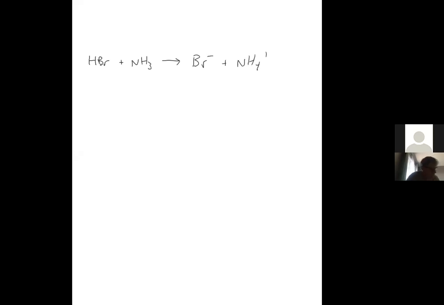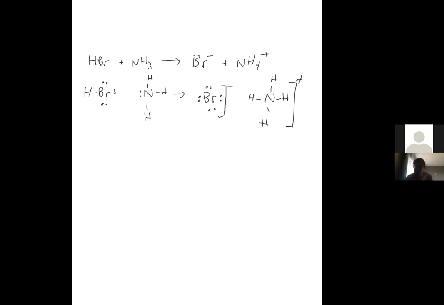And what I want to show you is that if we draw the Lewis structures of each of these species, okay, so there's our Lewis structures of everything.